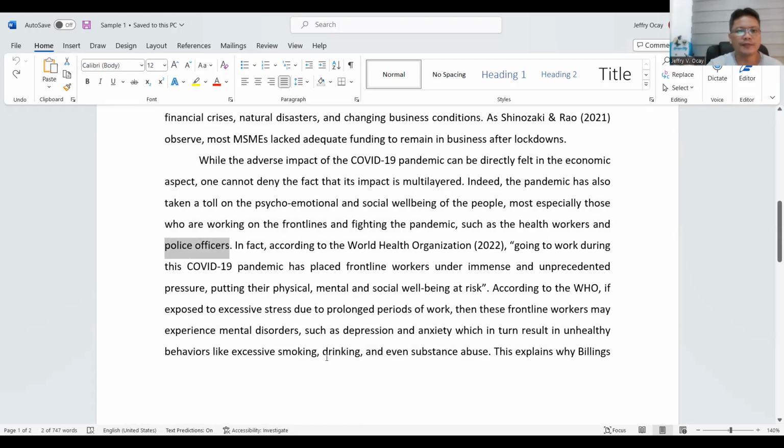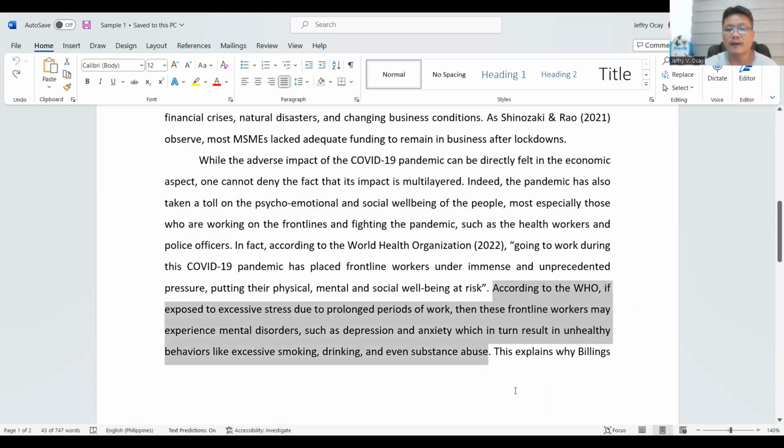Let me continue. In fact, according to the World Health Organization, going to work during this COVID-19 pandemic has placed frontline workers under immense and unprecedented pressure, putting their physical, mental, and social well-being at risk. According to the WHO, if exposed to excessive stress due to prolonged periods of work, then these frontline workers may experience mental disorders such as depression and anxiety, which in turn result in unhealthy behaviors like excessive smoking, drinking, and even substance abuse.